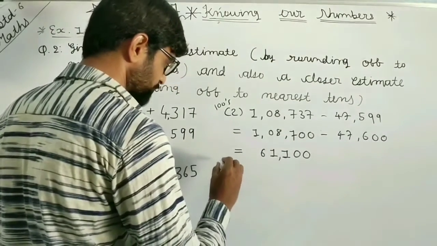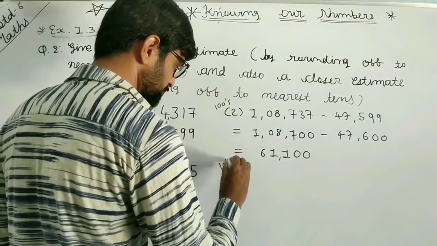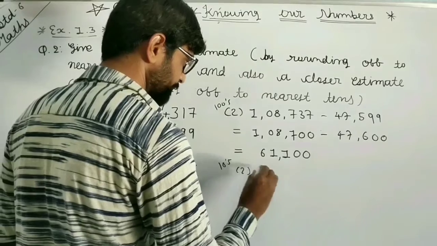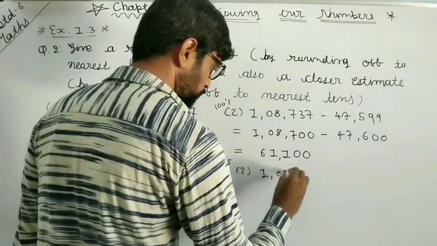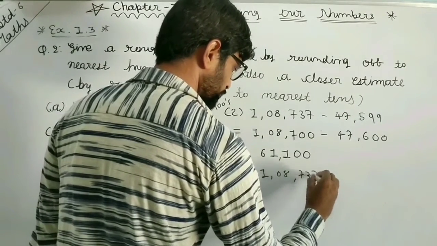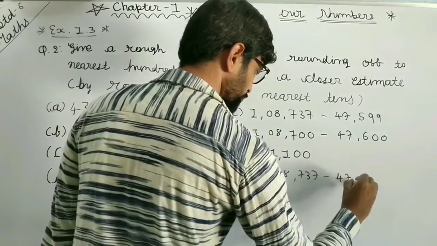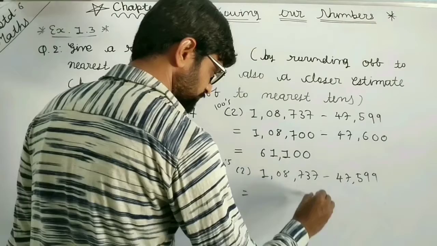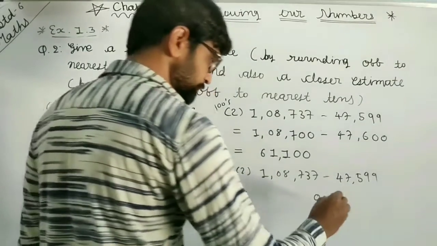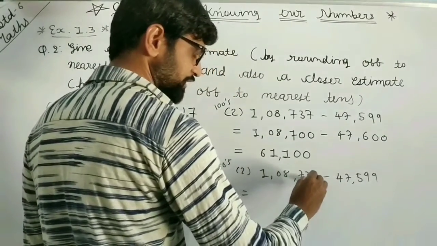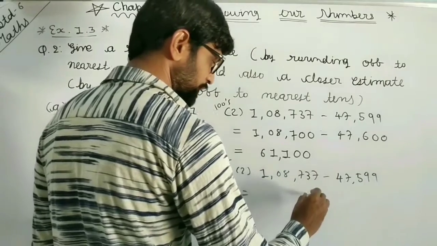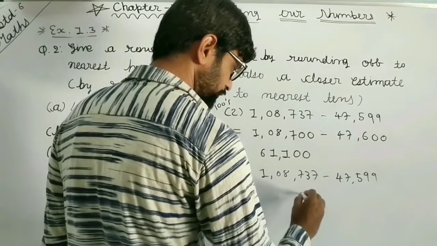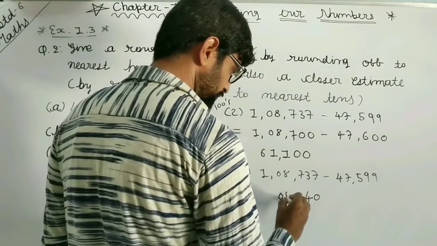Now the same question with the rounding of tens. Let's see. Tens means 0. What is next to the tens? 7. 7 is more than 5, so obviously add 1. The remaining will be as it is.